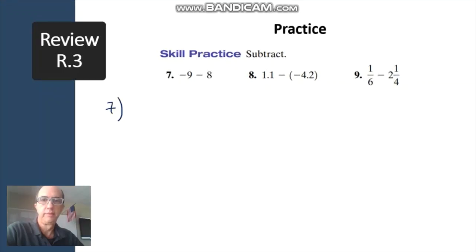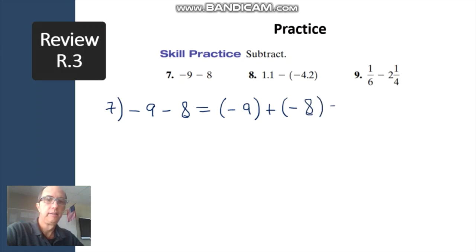Number 7, negative 9 minus 8 equals, we will do like this, negative 9 plus negative 8, 9 plus 8, 17, negative, right? Number 8, 1.1 minus negative 4.2.